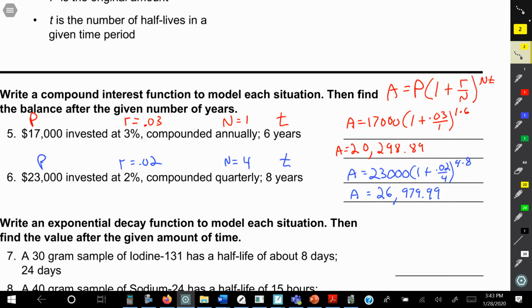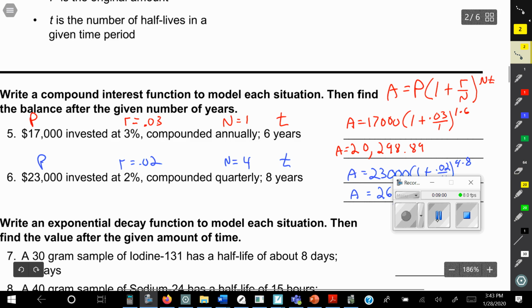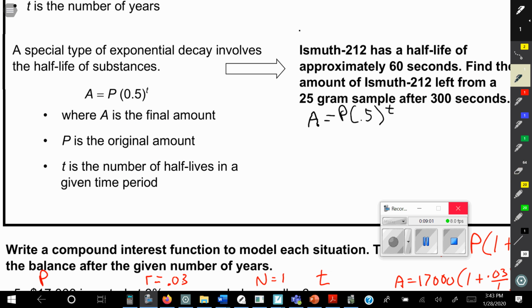All right, now let's take a look at Half-Life. With Half-Life, more often than not, we're talking about some type of substance, and it decays over time.